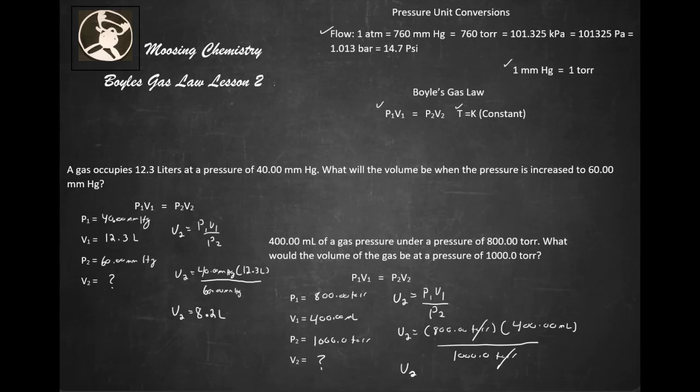The units cancel out. Our V2 is going to equal, let's go ahead and get these numbers calculated. And there we go, divided by 1,000. And it's going to be roughly 320 milliliters.